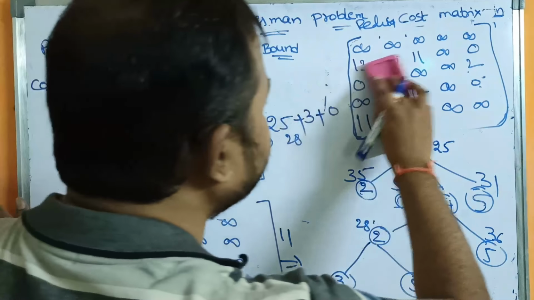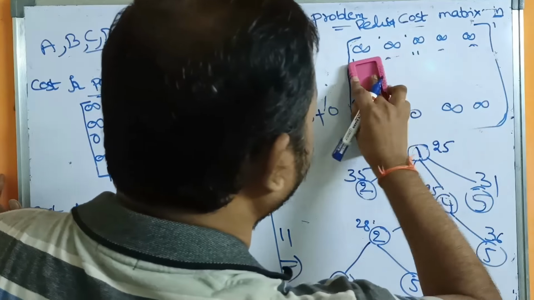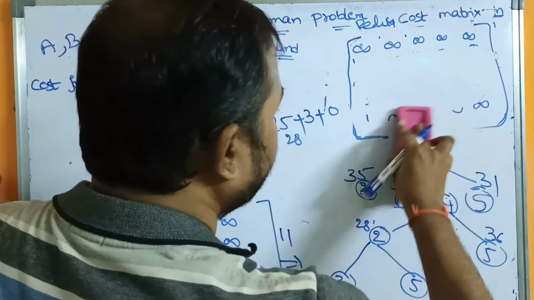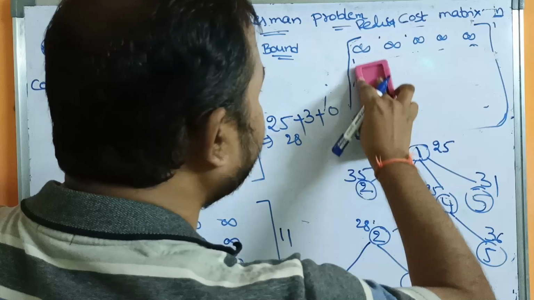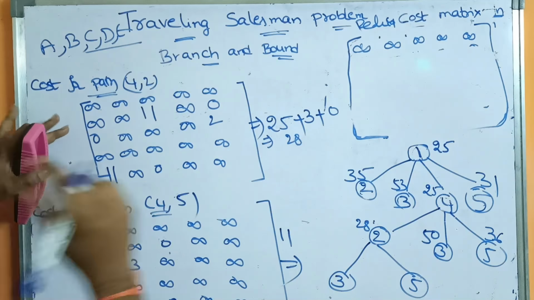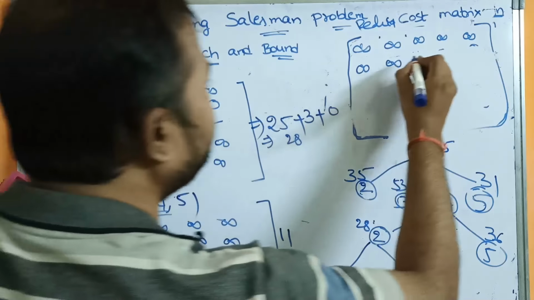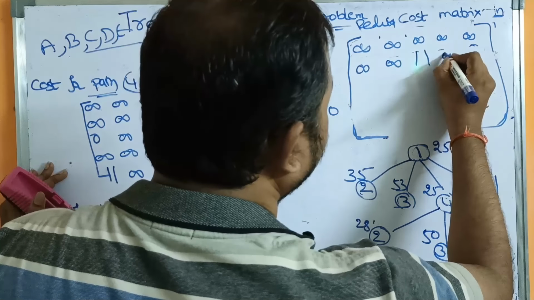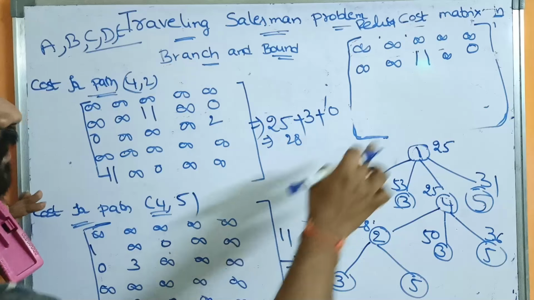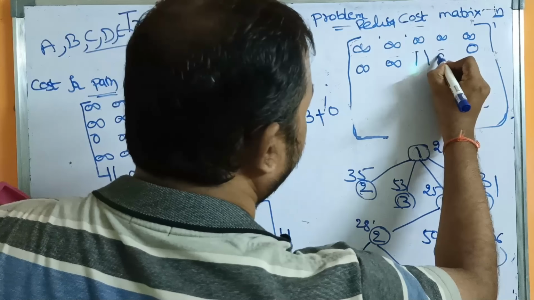So now let us note down the matrix here. First row, all are infinities. And what is the second row? 2 infinities, 11 infinity 0.